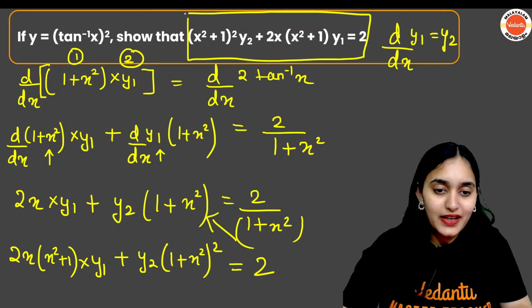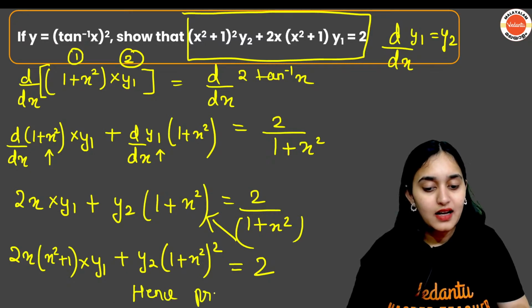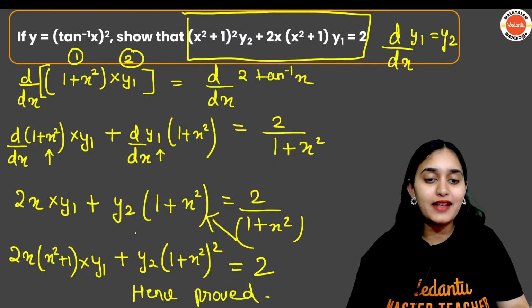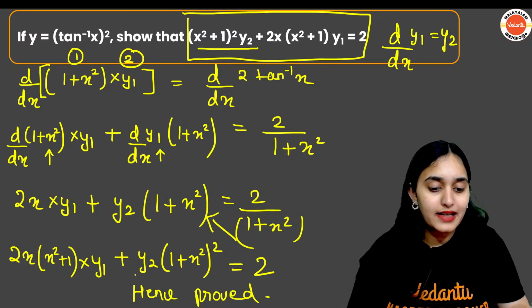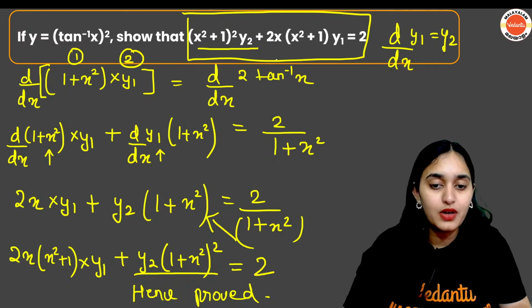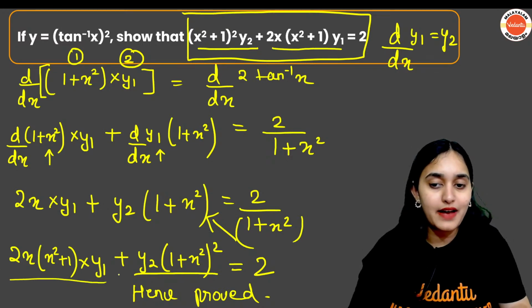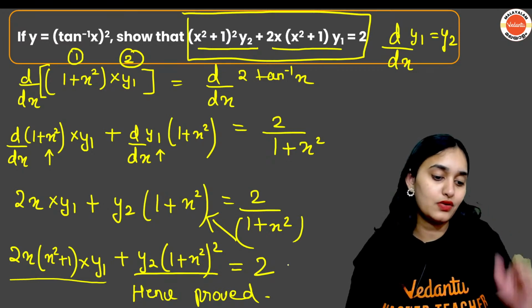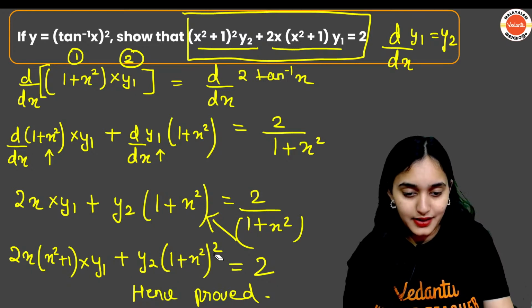This is what we needed. Hence proved. How simple is the answer? See, x square plus 1 whole square y2, 2x into x square plus 1 into y1, is equal to 2. We have got what we required. Clear?